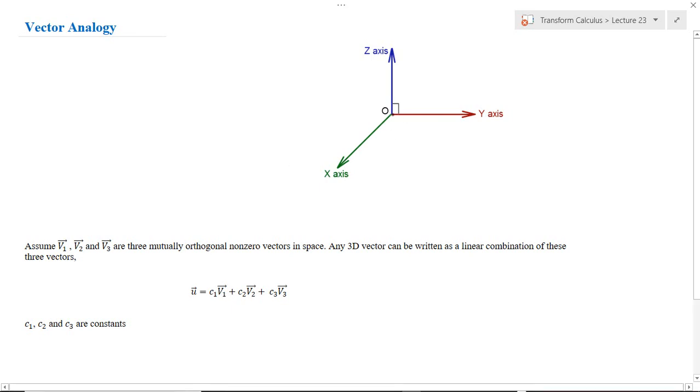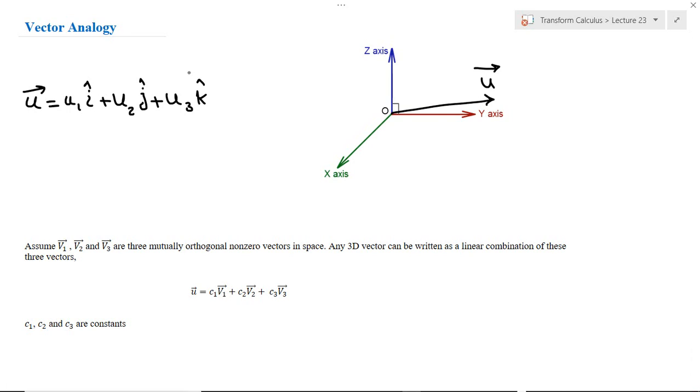For example, let's assume I have one arbitrary vector like U. So I can say that U is equal to, for example, the X component, so I call it U1 I, plus U2 J plus U3 K. So U1 is the X component of the vector, U2 is the Y component, and U3 is the Z component of vector U.